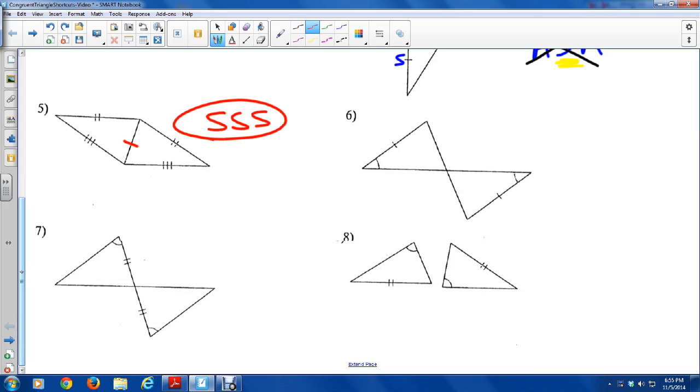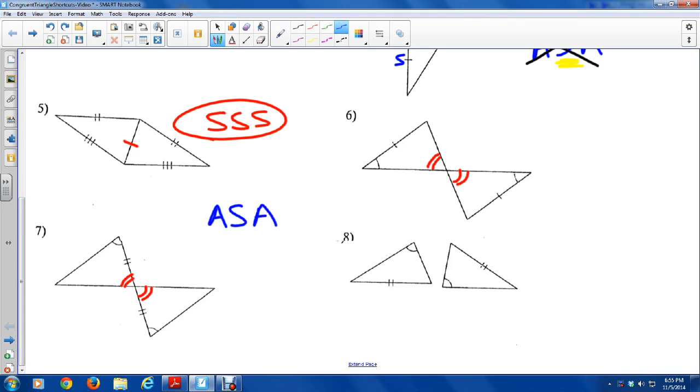6 and 7 are good ones to look at in terms of the differences here. So let's take a careful look at 6 and 7. You'll see some similarities. Okay, I talked at the very beginning. You can look for vertical angles. Okay, so in both of these we can mark vertical angles, giving us 2 pairs of angles and 1 pair of sides congruent. So again, we've got 2 options when we've got 2 pairs of angles and 1 pair of sides.